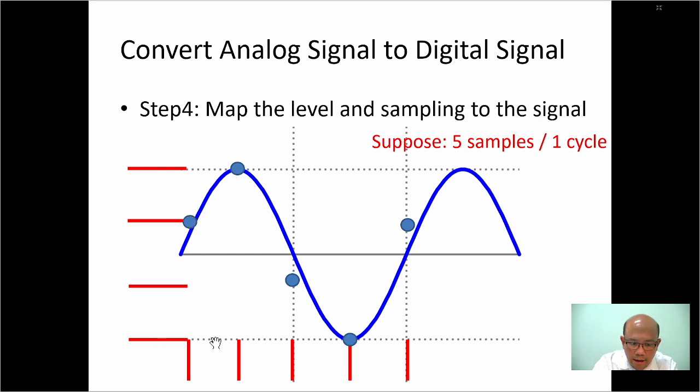The next sampling, I move and check the hit point here, where it hits the blue waveform. This maps to level 4, mark in this. And here in the third, we move up and hit the blue waveform here.